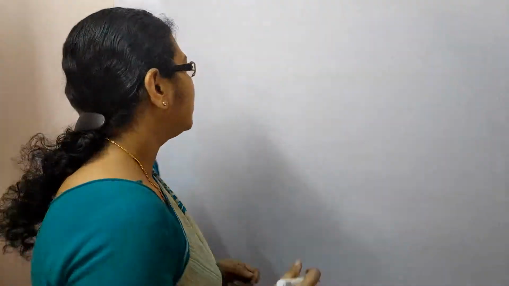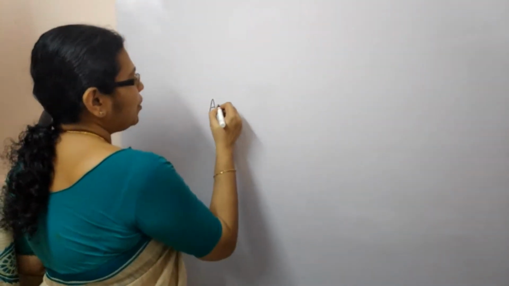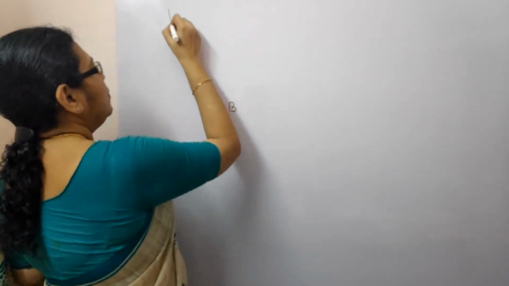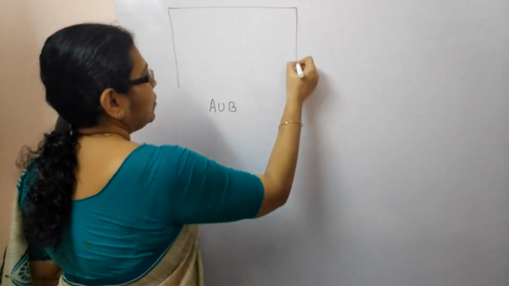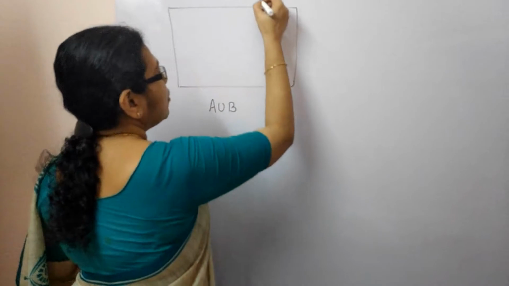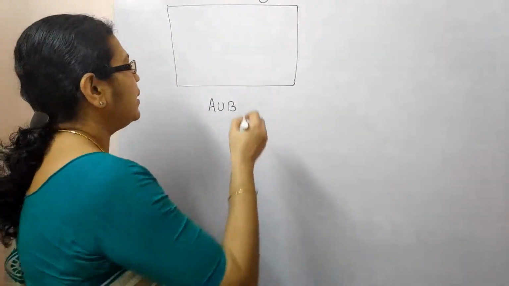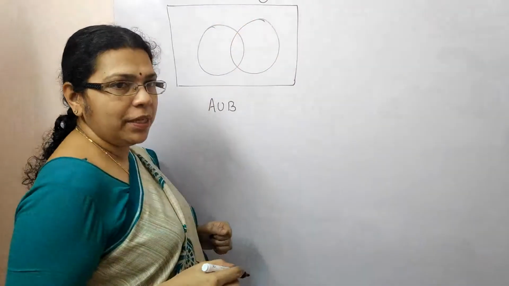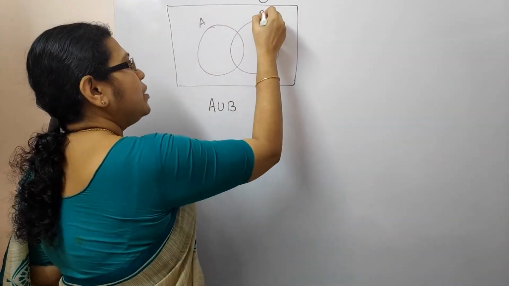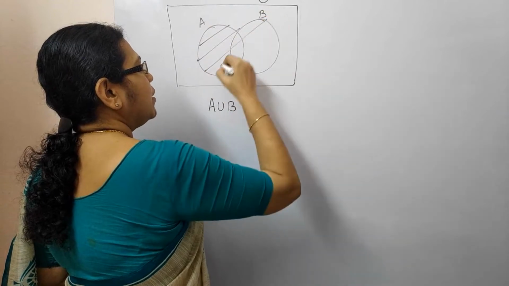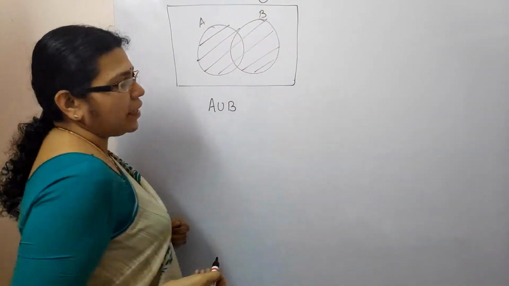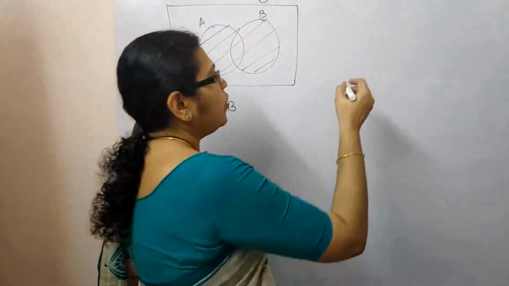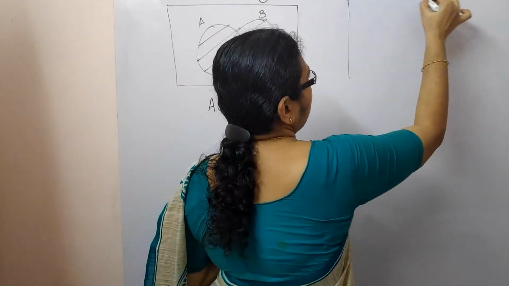Now, let's see the union, intersection and the disjoint sets in a Venn diagram. First, I am going to draw A union B, the union of two sets. In the Venn diagram, this is the universal set. This is set A and this is set B. Then the union of A and B is this shaded portion. Now, what is A intersection B?